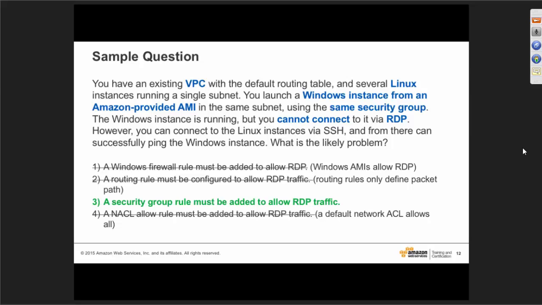This makes sense, right? The security group for this set of machines probably allows SSH in, and they forgot to allow RDP because they were only expecting to launch Linux instances. Yep, exactly. It's the same security group for both.